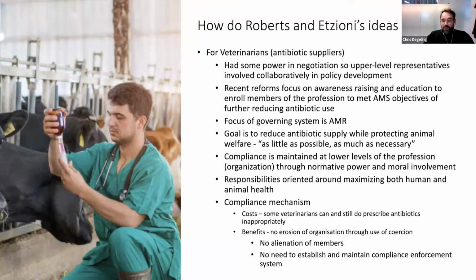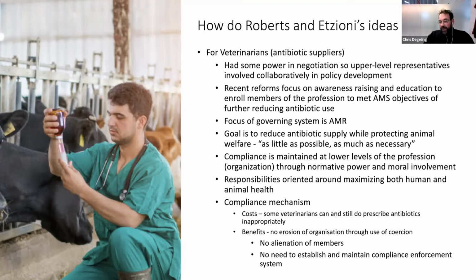But most of it is done in a very collaborative and negotiative way, which reflects the status of the profession and the way the Australian government and regulators treat professional bodies: they don't like making a lot of rules for them. They like to let them self-govern in essence. Therefore, they've had programs all about awareness raising and education and trying to enroll members of the profession to meet AMS objectives to reduce antibiotic use.